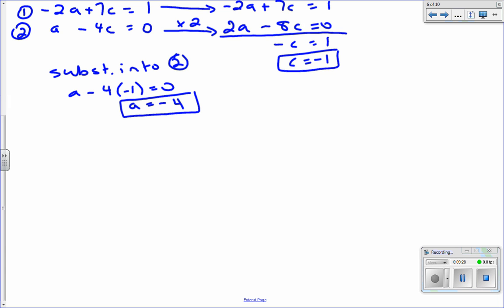So that'll be negative 2B plus 7D equals 0.